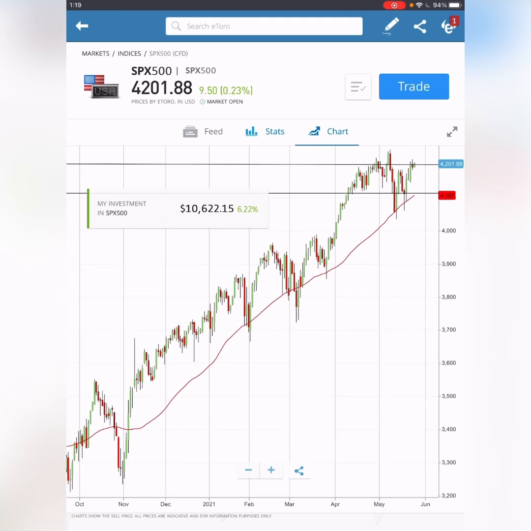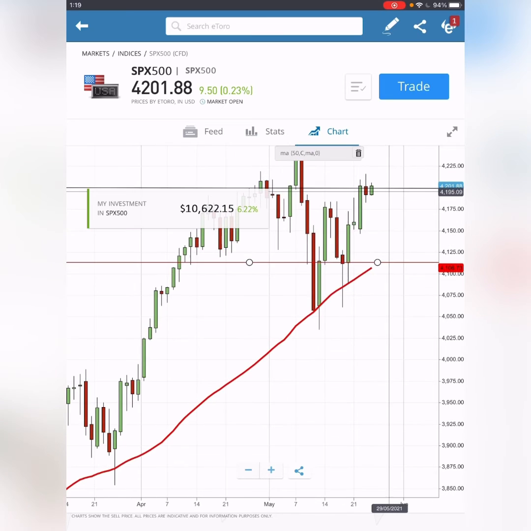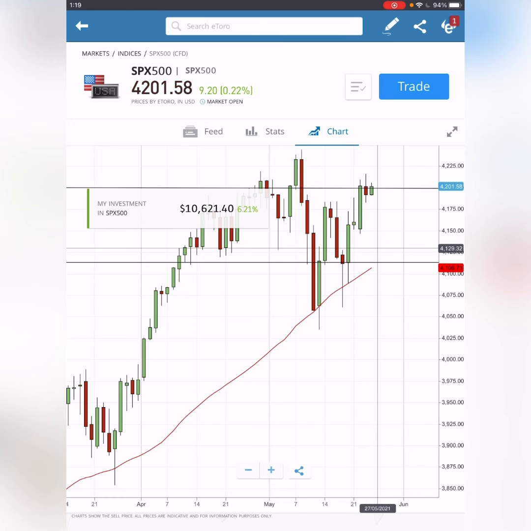Now, if we assume this is going to be the level of support, and if it goes this way, then I would place it somewhere in here, just a level above, around 4124, 4123. It depends however you want it. This is just the price action of the S&P 500.